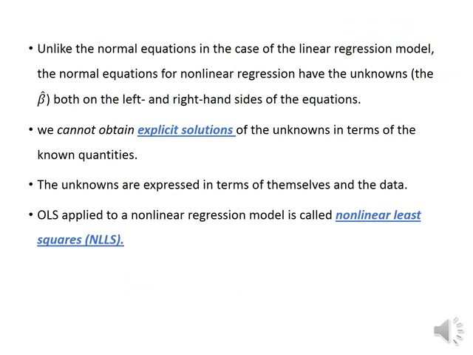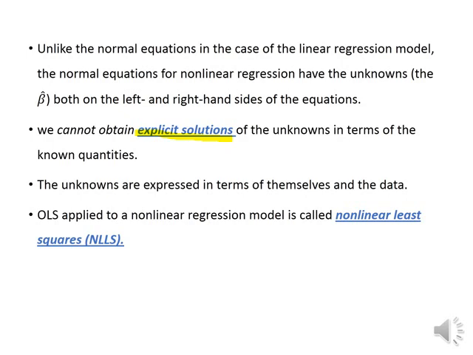Unlike the normal equations in the case of the linear regression model, the normal equations for the nonlinear regression model have unknowns on both the left and the right hand side. We have beta naught hat and beta 1 hat in the two equations on the left hand side and on the right hand side. So we cannot obtain an explicit solution for these unknowns. The unknowns are expressed in terms of themselves and the data itself.